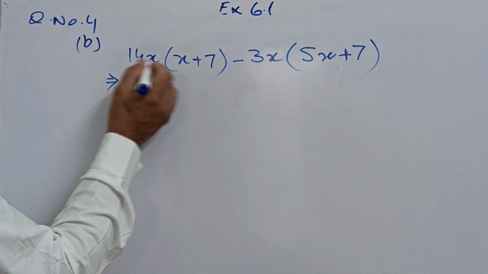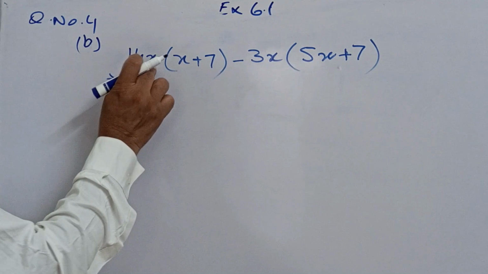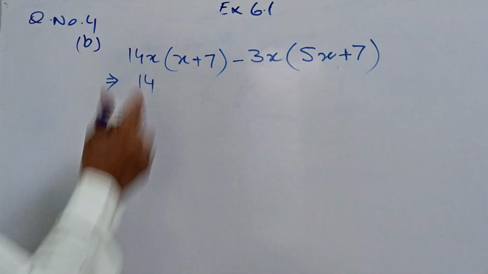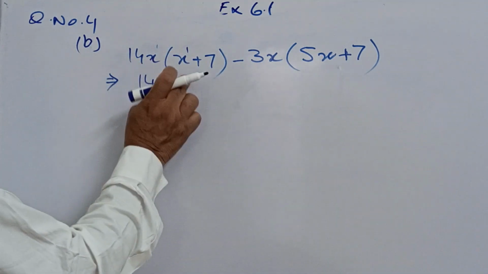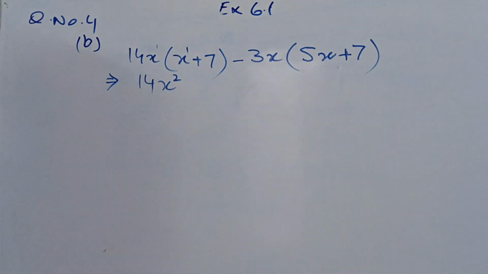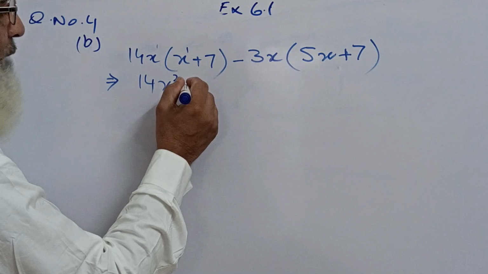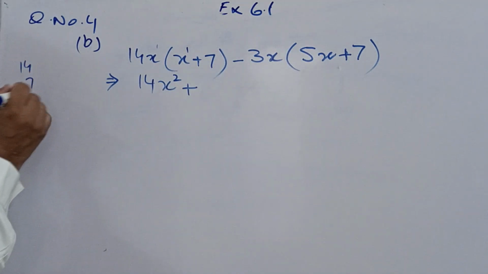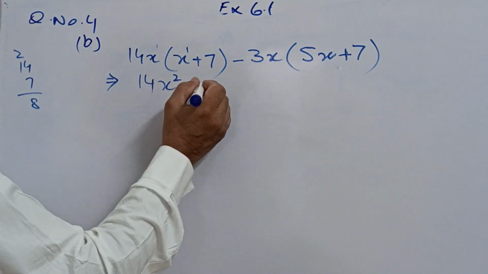Now 14 times x times x is x square, as I told you in my previous question, that both carry one power, and when the bases are the same, the powers are added, so it becomes x square. Now 14 times 7 is 98.